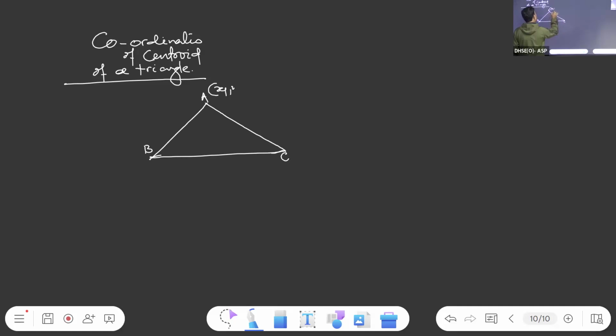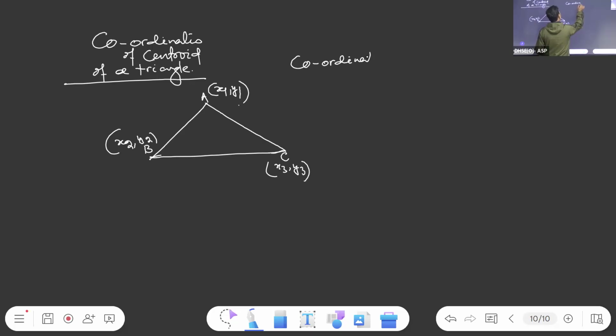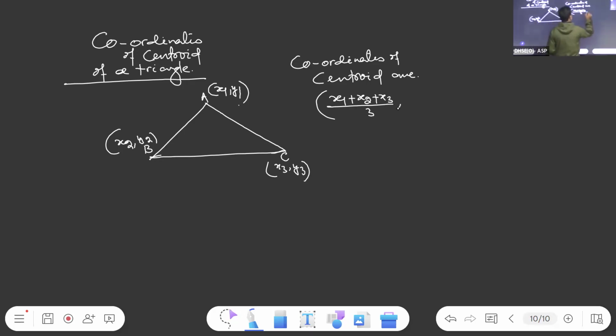If A(x1, y1), B(x2, y2), C(x3, y3) be the coordinates of vertices of triangle ABC, then the coordinates of centroid are (x1 plus x2 plus x3) upon 3, comma (y1 plus y2 plus y3) upon 3.